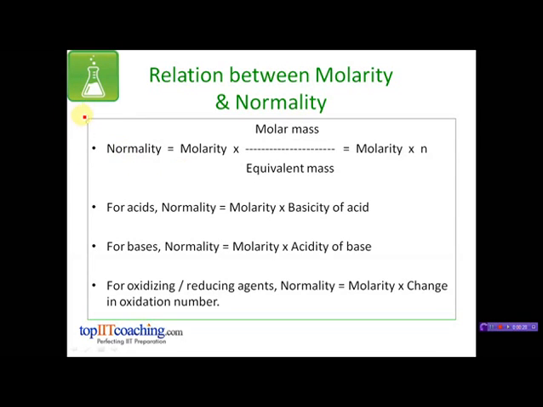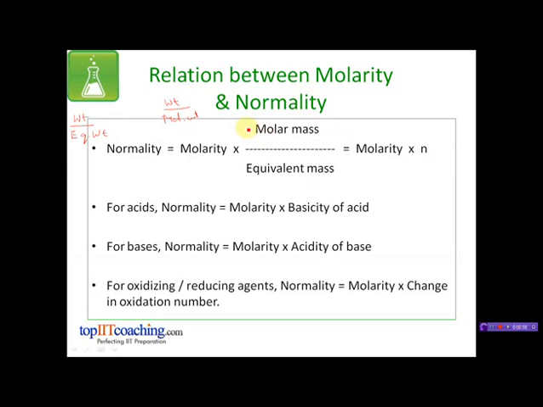We calculate gram equivalence by dividing the weight of the substance by its equivalent weight, and we calculate the gram moles of a substance by dividing its given weight by its molecular weight or molar mass. So on correlating the two, we can write the equation normality is equal to molarity into molar mass divided by equivalent mass.